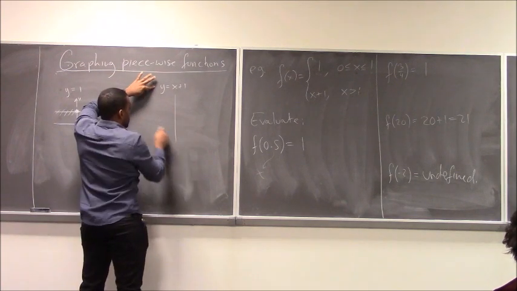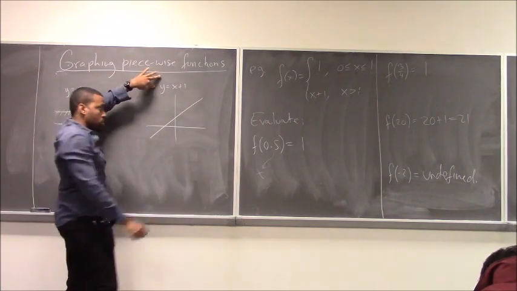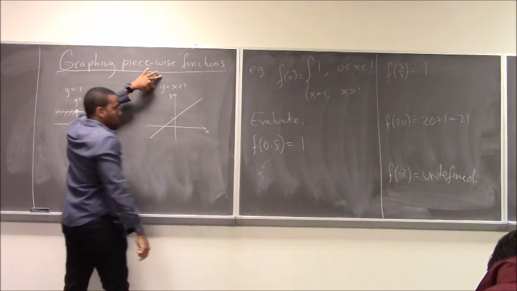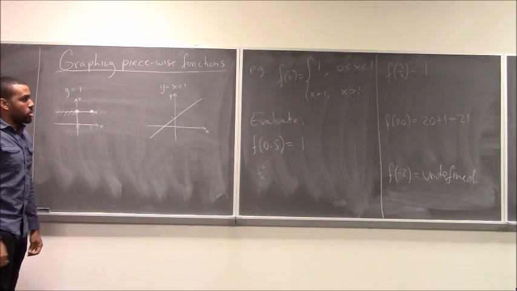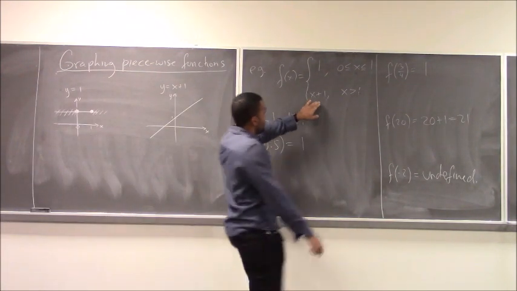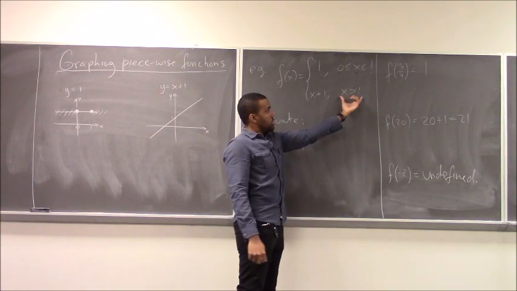Similarly here, that's a straight line, positive slope, passing through 1 on the y. But again, I don't care about that entire curve. I only care about that curve when x is strictly greater than 1. So I'm going to use the endpoints of this interval to help me out.